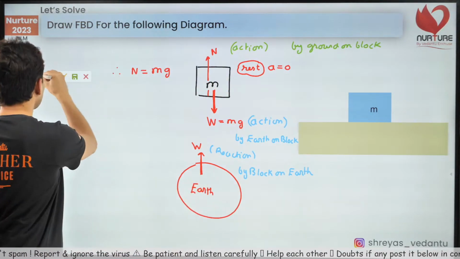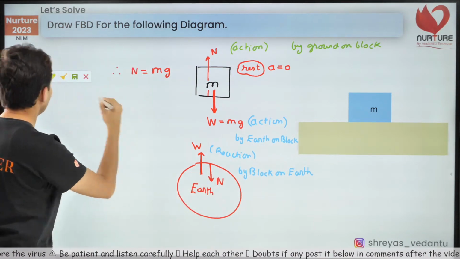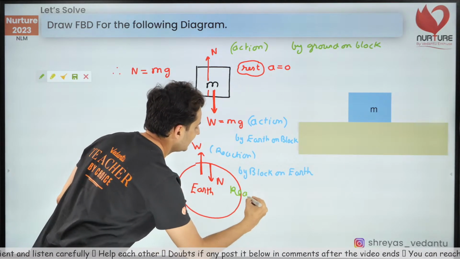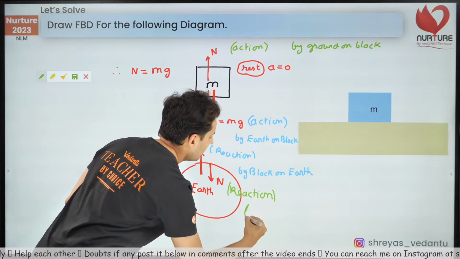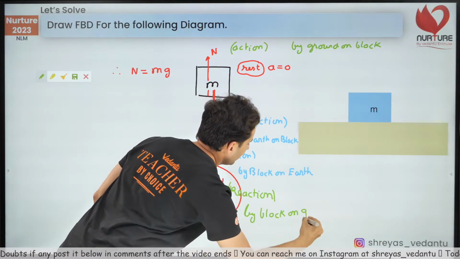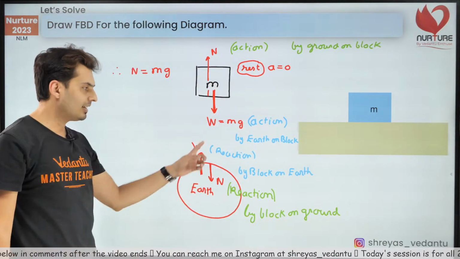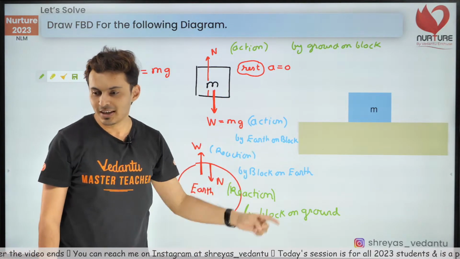That means on the earth's surface there will be a normal like this, and that would be the reaction of that normal. So reaction, this will be, by the block on the ground. That's how this works. Interesting. Everybody understood this? How action reaction pairs work? So this is what happens.